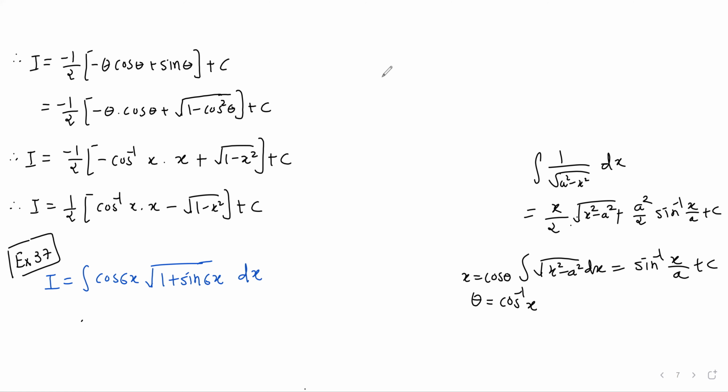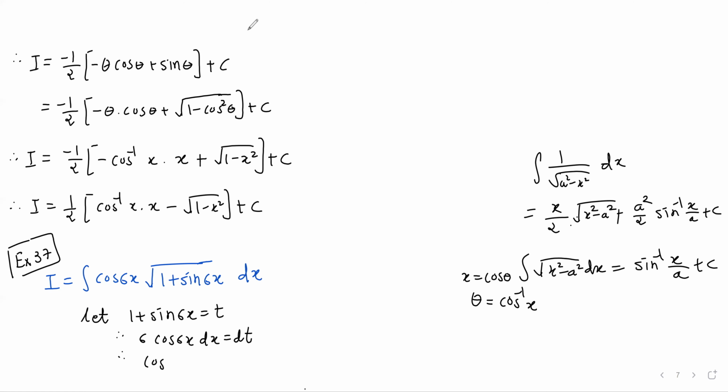Let 1 plus sin 6x is equal to t. Therefore, 6 cos 6x dx is equal to dt.